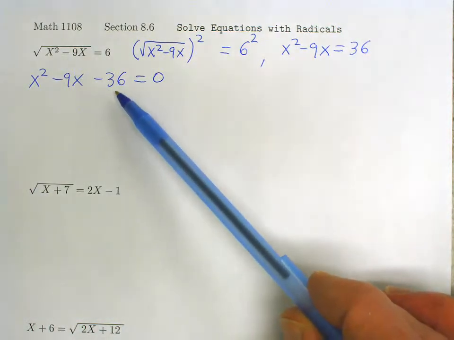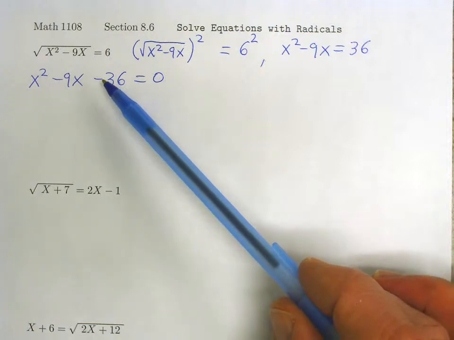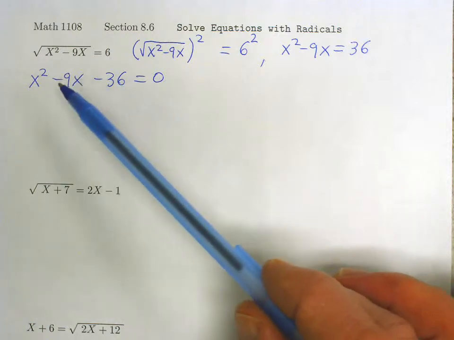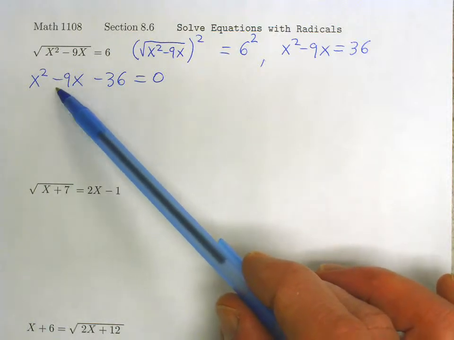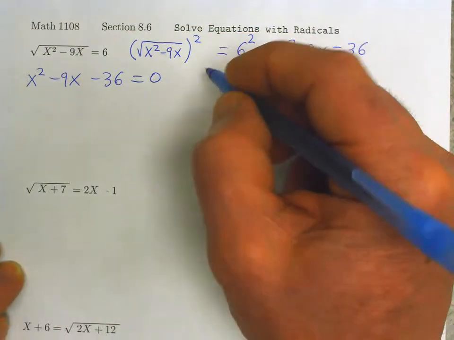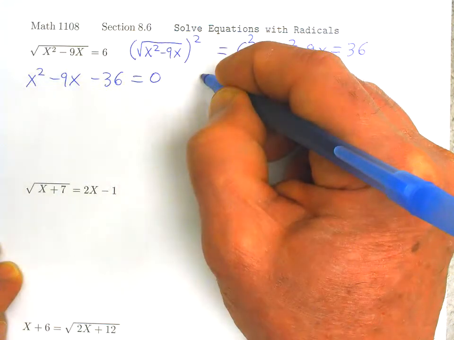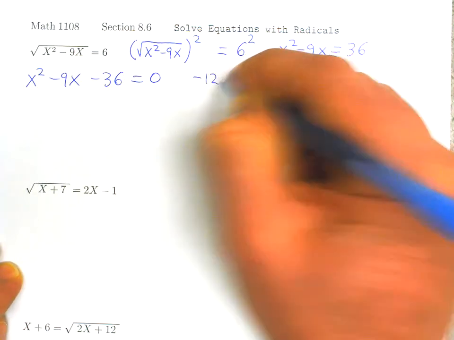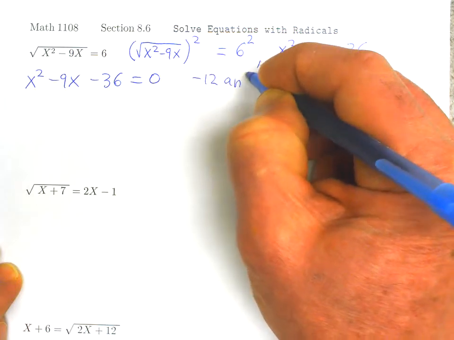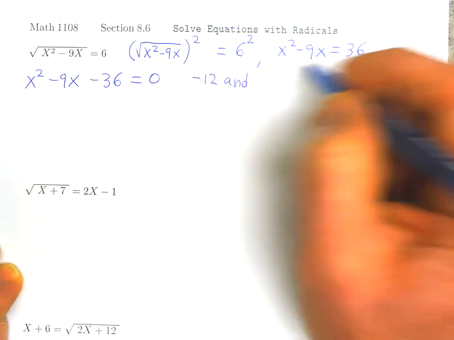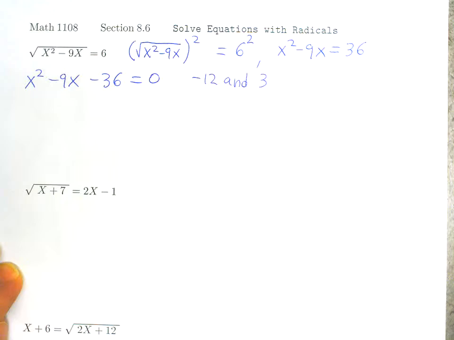Two numbers that have a product of negative 36 and a sum of negative 9 are negative 12 and positive 3.